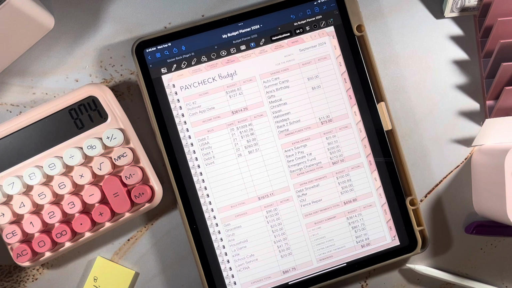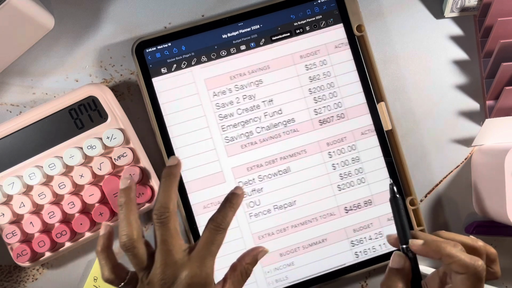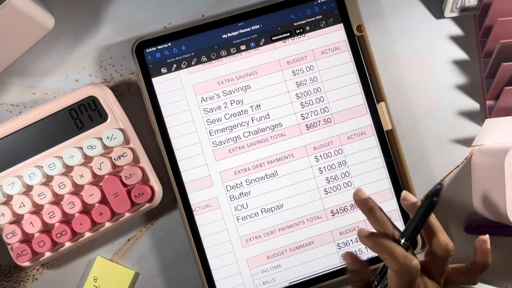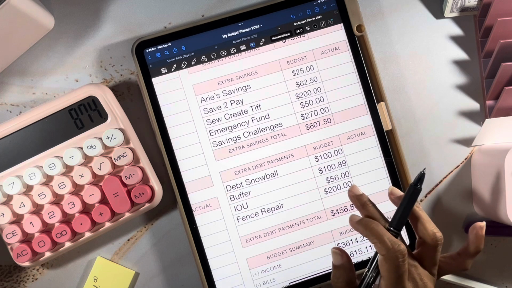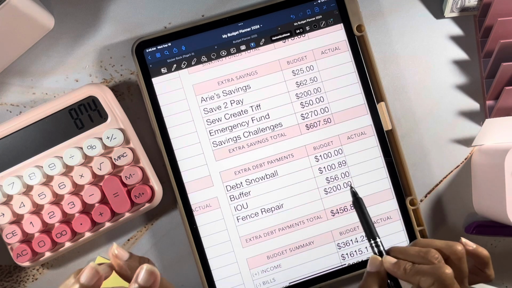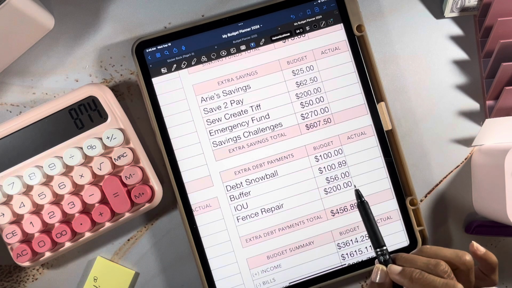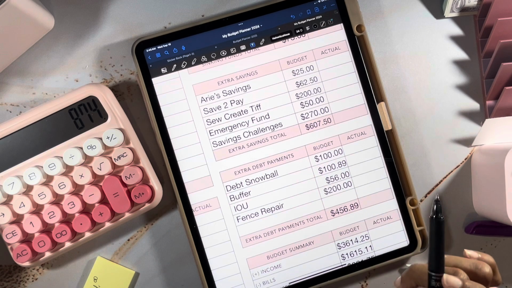I'm going to go back through and make sure I have the right amount of money to take out so I can do my cash stuff in my cash wallet, my sinking funds, emergency fund. The fence repair money is going to be Zelled to my neighbor just for documentation purposes.